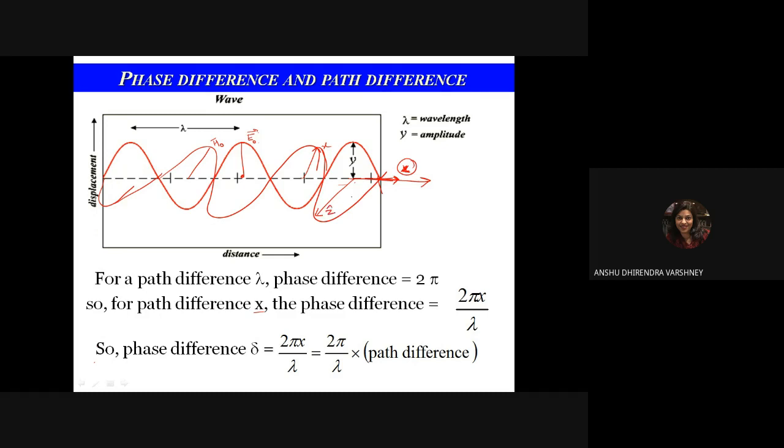Okay, so this is how we can say. So whenever we talk about a wave, we talk about the electromagnetic nature of light. Electromagnetic nature means the electric field and the magnetic field in a sinusoidal form are propagating in the direction of propagation of the wave.